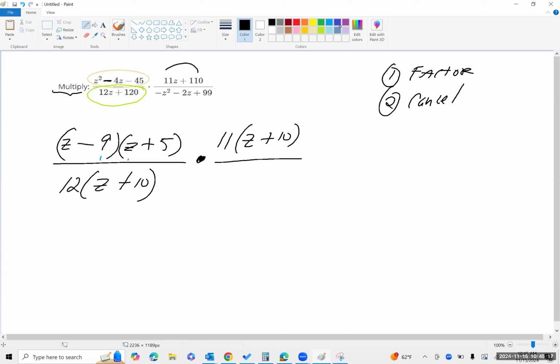Now, for this expression, what I actually want to do with that one is factor out the minus sign first. So just over here on the side, I'm going to write it as negative 1 times z squared plus 2z minus 99.